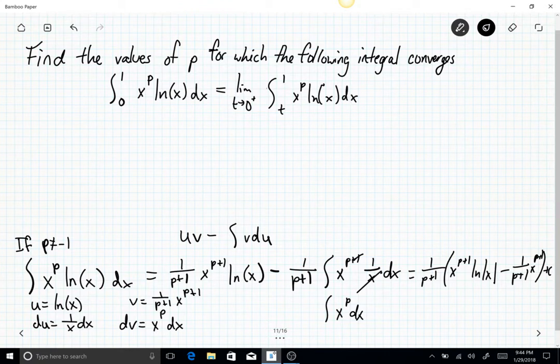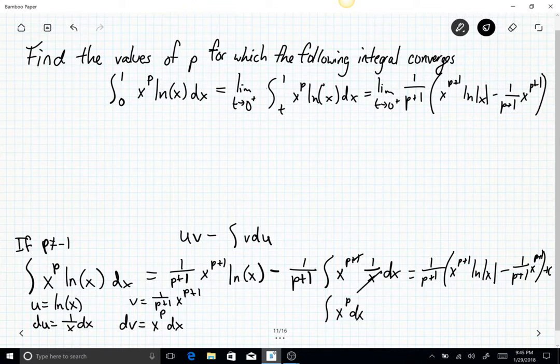So now, moving forward from there, this equals the limit as t approaches 0 from the right. We have a 1 over p plus 1. And now here's where it gets kind of funky. You get x to the p plus 1 natural log of x, minus 1 over p plus 1, x to the p plus 1, evaluated at t and 1.